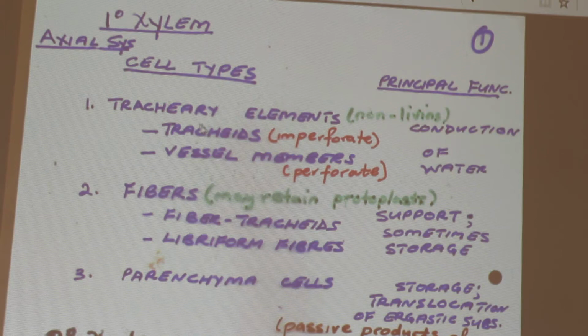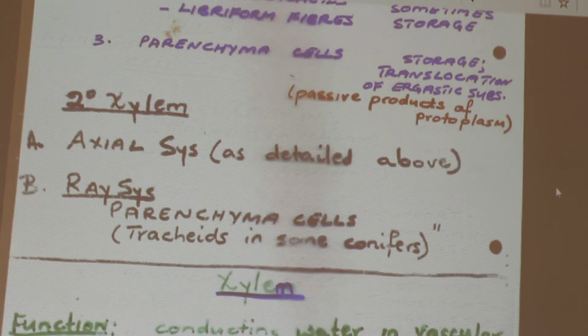Hence, primary xylem is said to have an axial system. Vertical growth, axial system. Secondary xylem, on the other hand, has two methods of growth: an axial system, which takes care of growth vertically, and a ray system, which takes care of growth horizontally. The ray system has parenchyma cells, and it may have tracheids in gymnosperms.